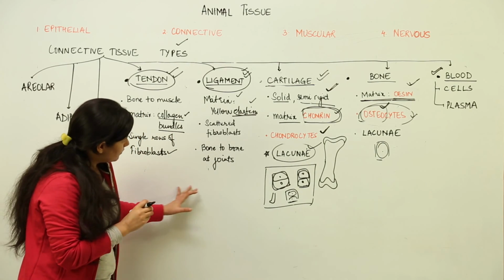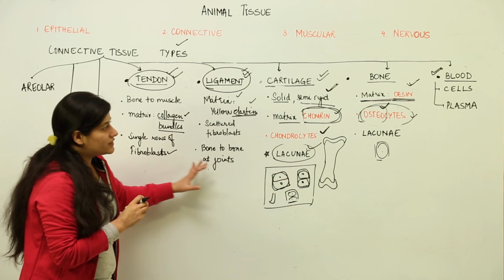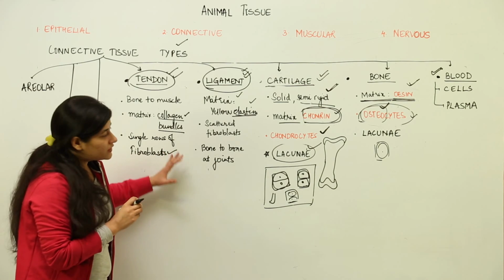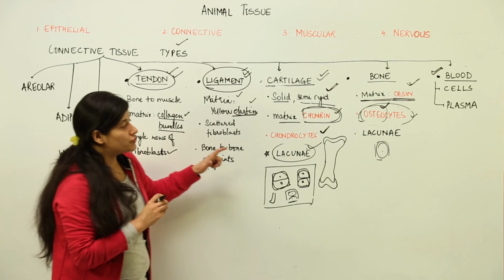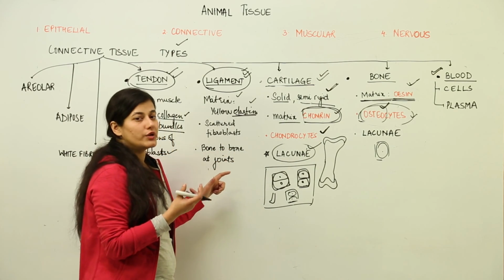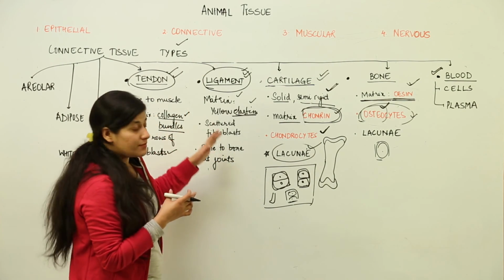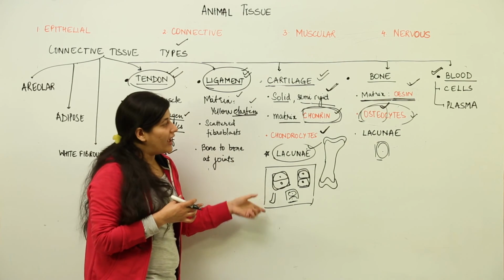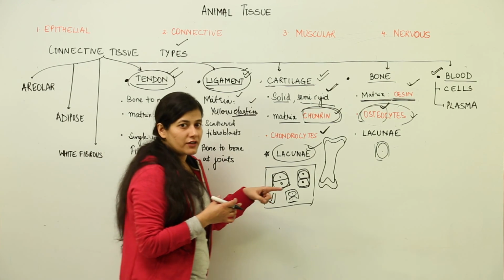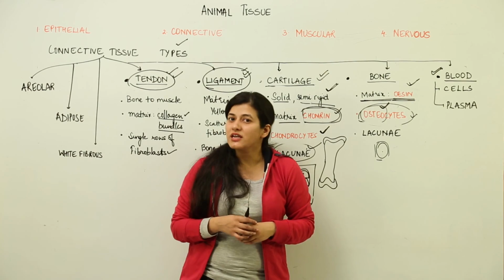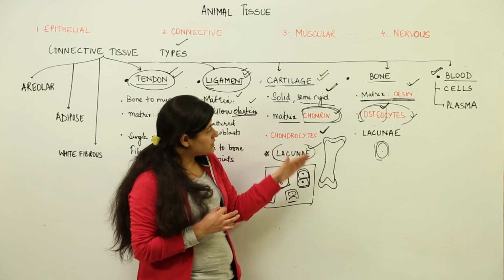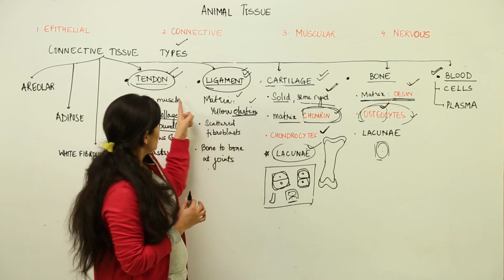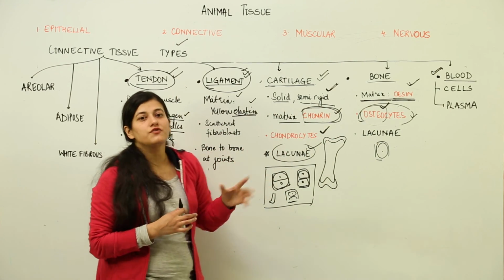In some connective tissues, you would see that the cellular components could be fewer, but the ground substance plays the major role, in that it decides whether the tissue is going to be hard, soft, semi-solid, or fluid. And the cells perform the other functions which are attributes of the connective tissue. So this is all about the connective tissue. We do study in detail all these tissues, specifically in each physiological function.